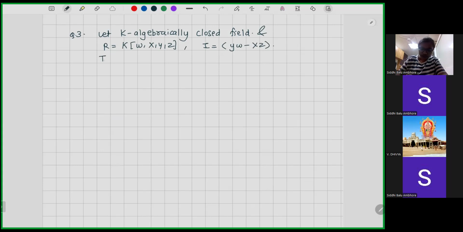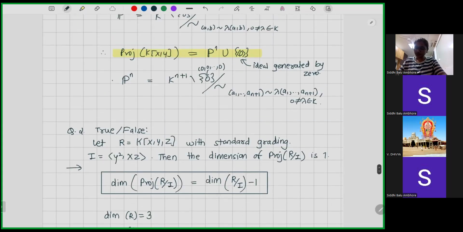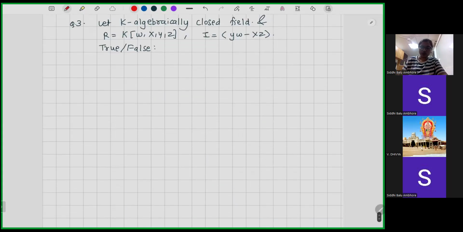Then, true or false. So this is false, okay? Here they said that dimension of Proj is 1, but it's not. We got that the dimension of Proj is actually 0. So it was false.